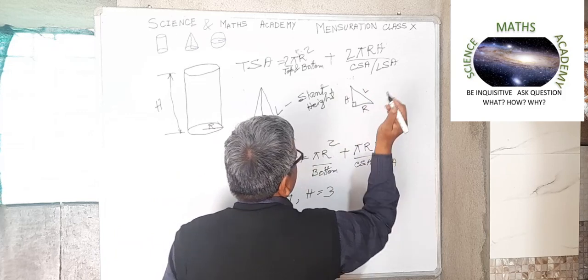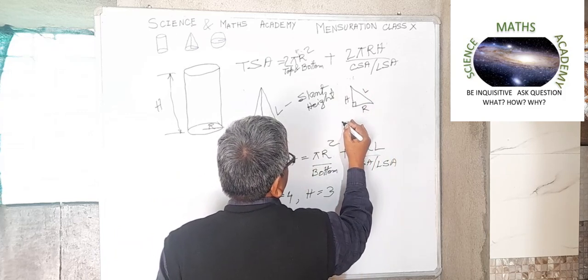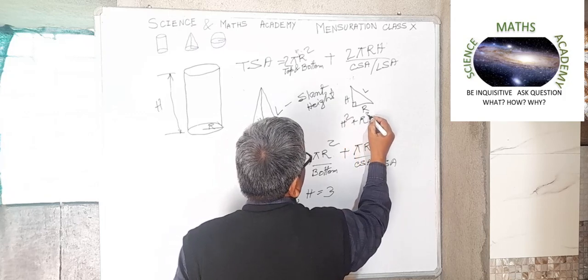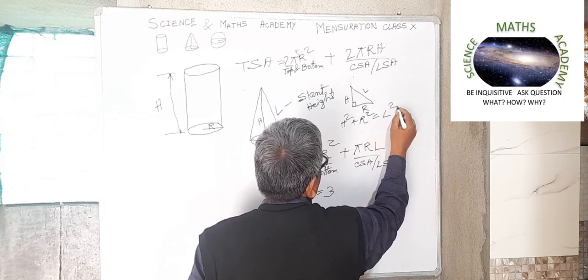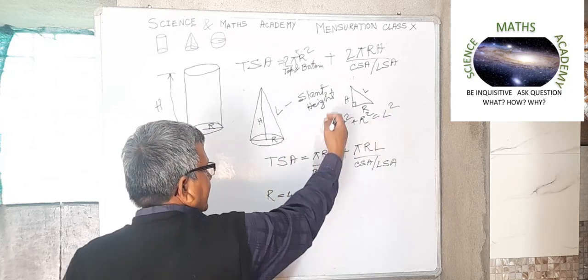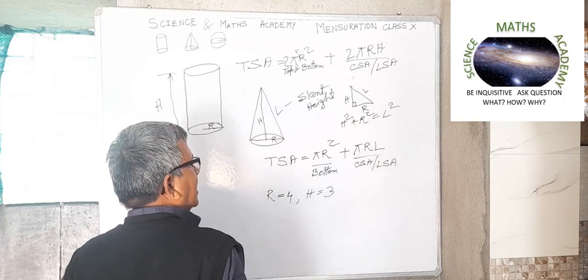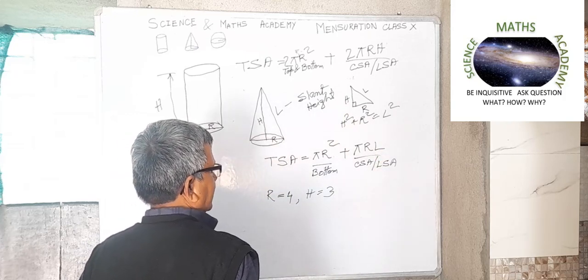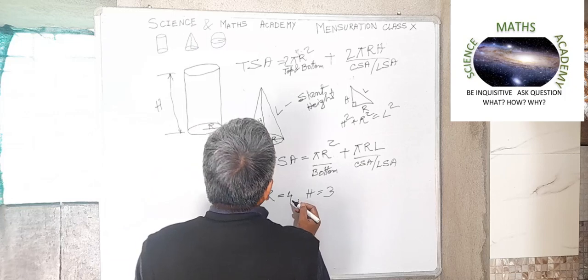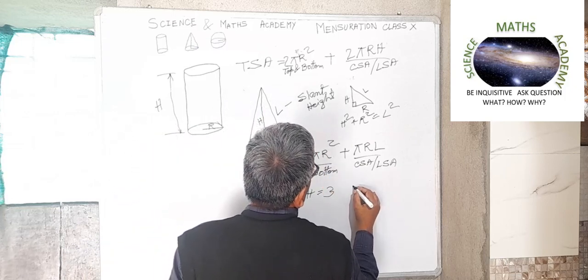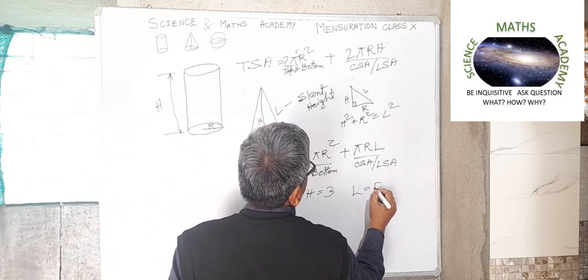Now I can say here height square plus r square equal to L square. From here I will get the value of L, put it and get the answer. In this case with 3 and 4, the hypotenuse L will be 5.